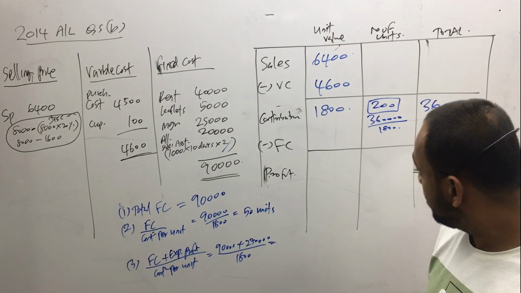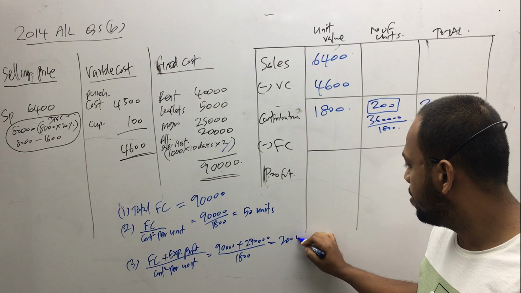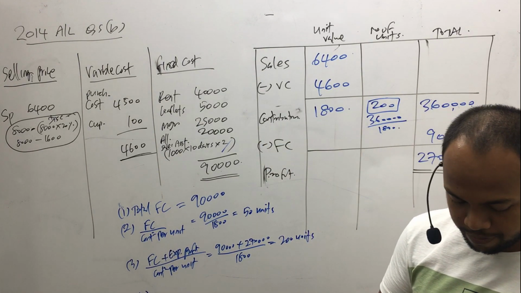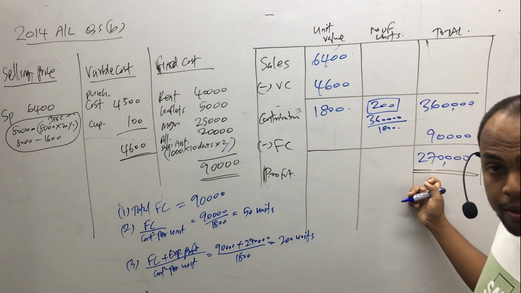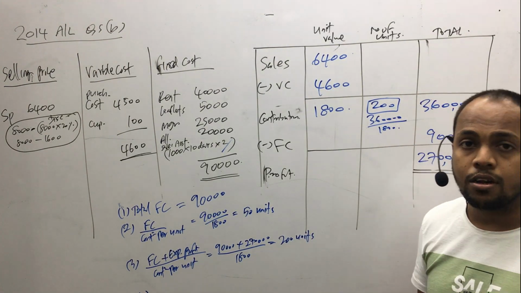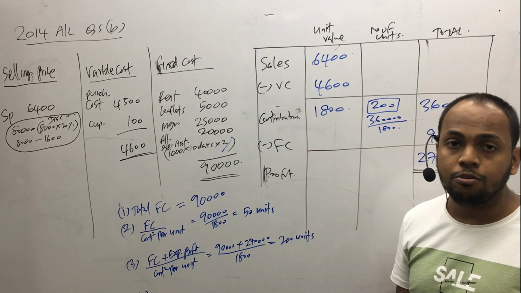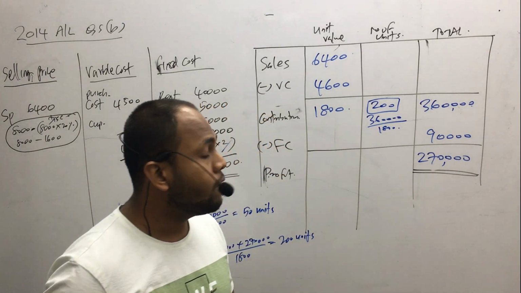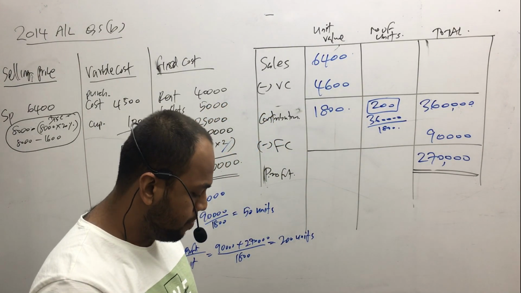So answer is 200 units. To have 270,000 profit, we need 360,000 total contribution. Unit contribution is 1,800, and the total number of units should be 200.